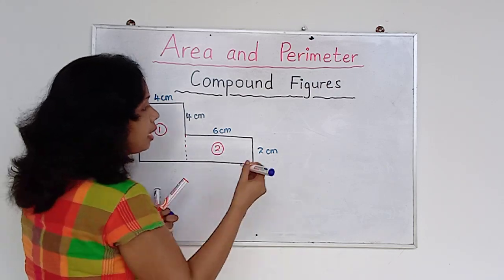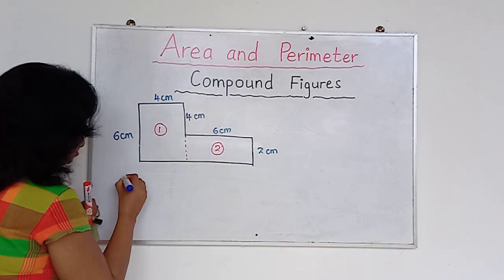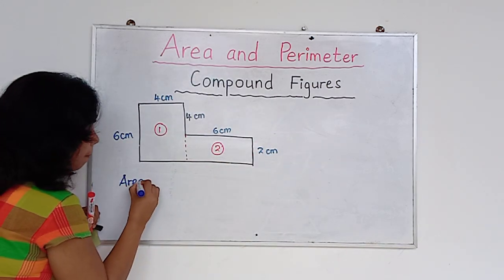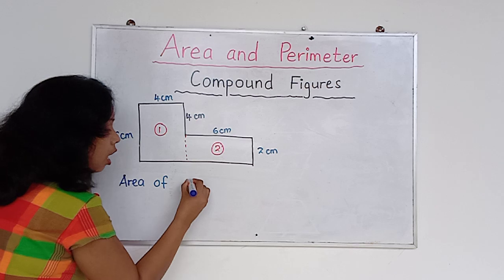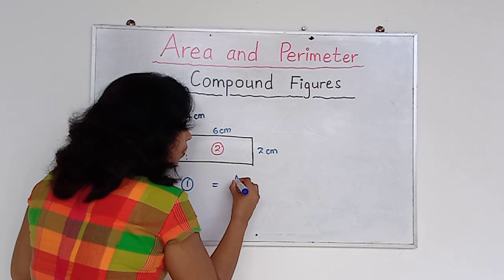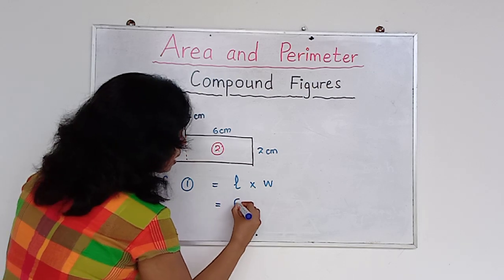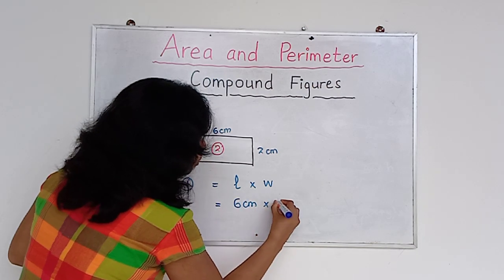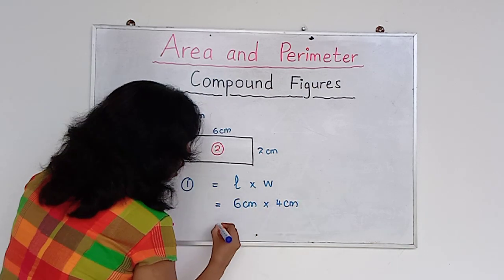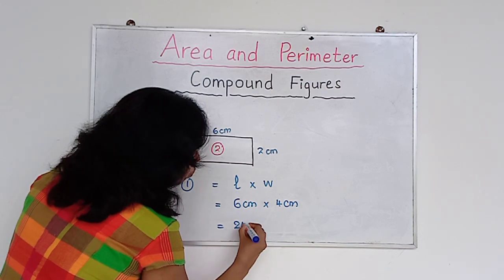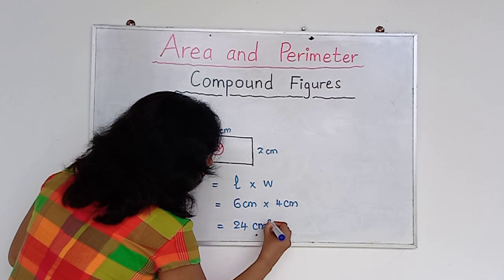So I'll write it here. Area of 1. How do you write? Length times width. Then 6 centimeters times 4 centimeters. Answer is 24 squared centimeters.